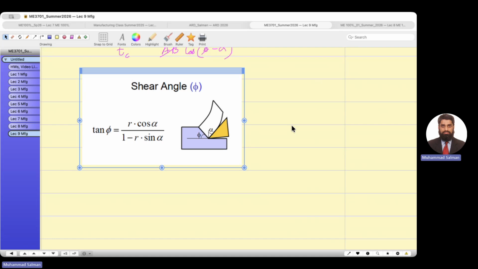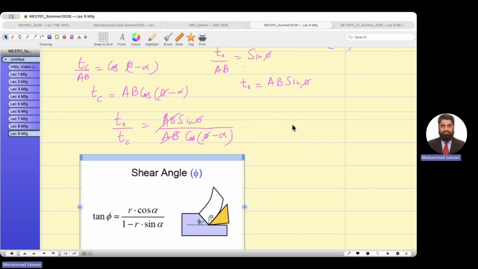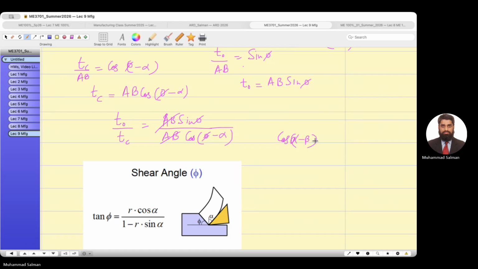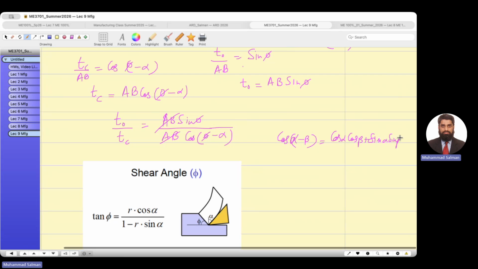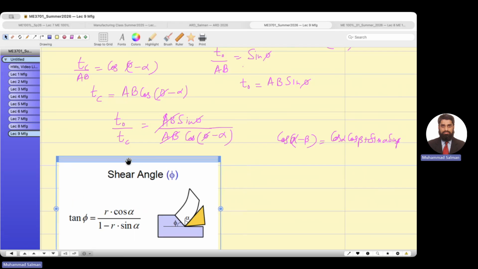Let me share with you. The way you will do this is from the previous formula. You know that trig identity, cosine of alpha minus beta equals cosine alpha cosine beta plus sine alpha sine beta. Agreed? So now I'm going to choose this one, so let me write down how you get this formula.